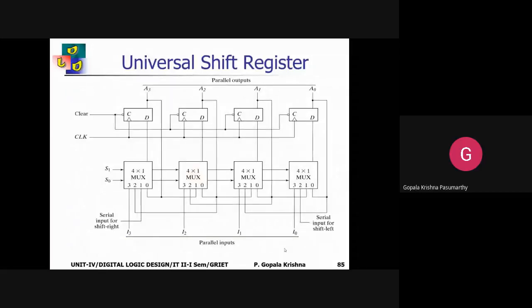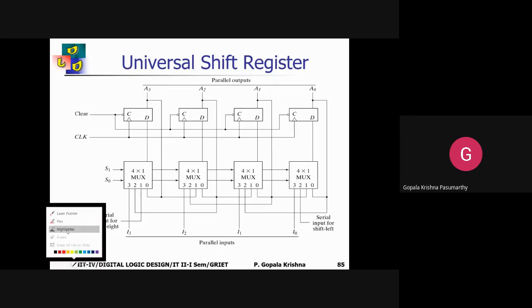Now let us try to complete this topic with the help of the PPT. This is the design of a 4-bit universal shift register. There are 4 flip-flops A3, A2, A1 and A0, and all the flip-flops are of type D only.